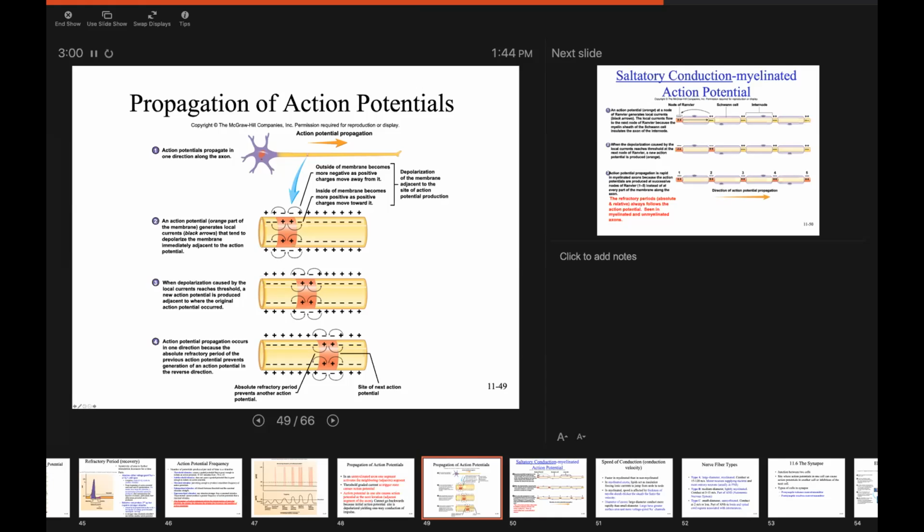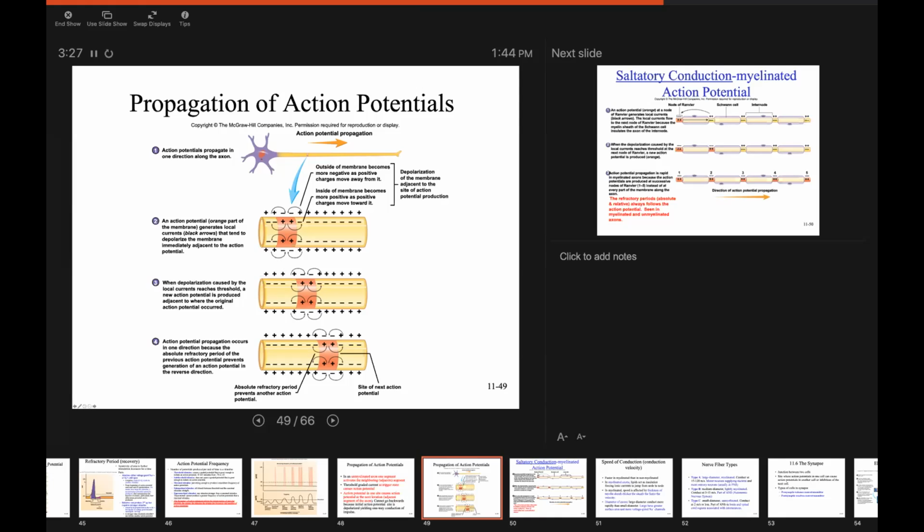So as that sodium is triggered, and threshold is reached here, and an action potential is triggered here, the sodium moves to the anterograde segment and starts adding positive charge to it. As it starts adding positive charge, it goes from minus 70 to minus 65. As more sodium comes in, it goes from minus 60 to minus 55.